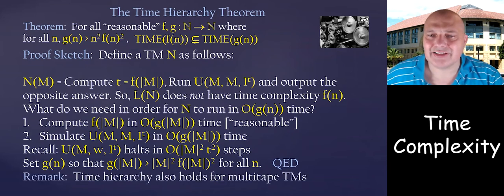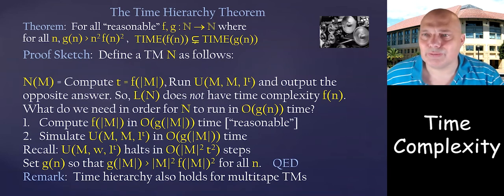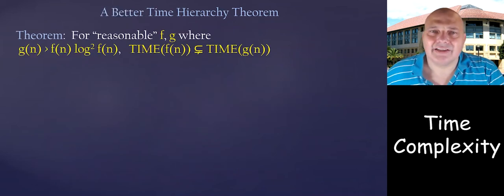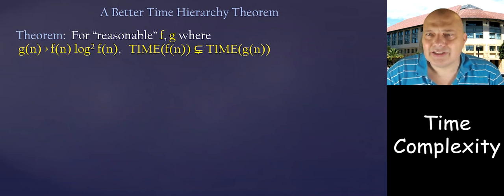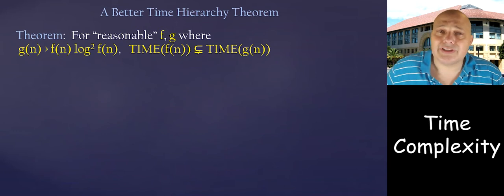I want to say another remark: time hierarchy also holds for multitape Turing machines. So it's not that once you go to multiple tapes, then more time is for free. In fact, this is not the best time hierarchy theorem, but I do believe that Sipser discusses tighter time hierarchy theorems if you're interested.